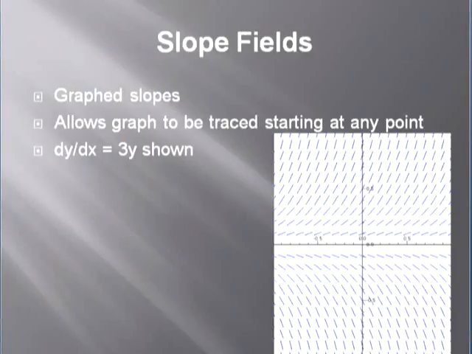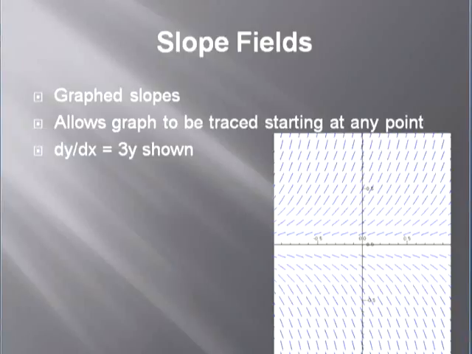Now here's another new concept, and this one is slope fields. And slope fields are just a graph of the xy plane with little segments drawn in representing the slope of the curve at any particular point.